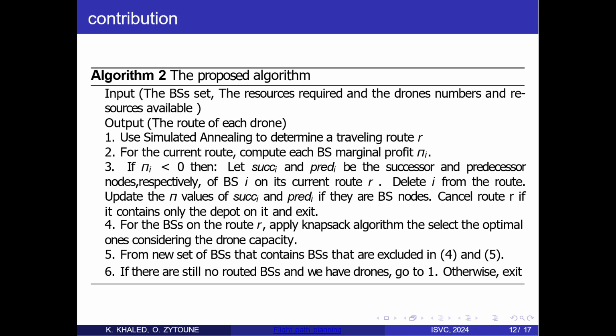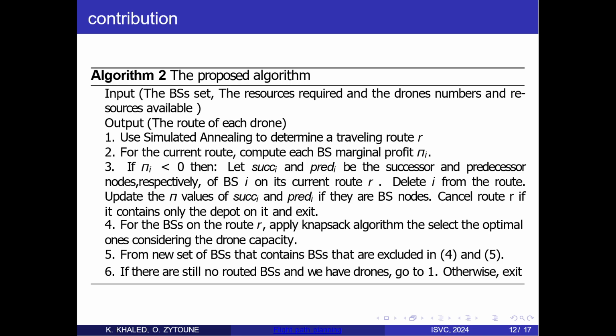We propose to find an optimized route to visit and serve all bus stations. We use the simulated annealing algorithm for this purpose. For this route, we apply the marginal profit to exclude bus stations that do not contribute positively to the total profit. The clean route, without bus stations with negative marginal profit, is used hereafter for definitively selecting the bus station nodes to keep based on the drone capacity.